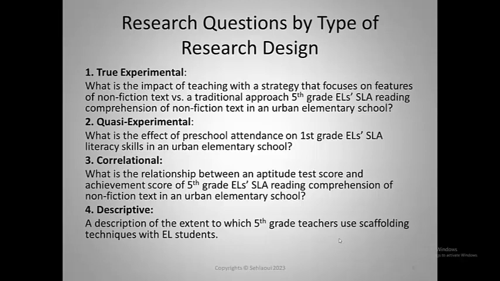And finally, an example from a descriptive quantitative research design would be a description of the extent to which 5th grade teachers use scaffolding techniques with their EL students. So as you can see, the research questions would determine the type of research design that you will have to use.